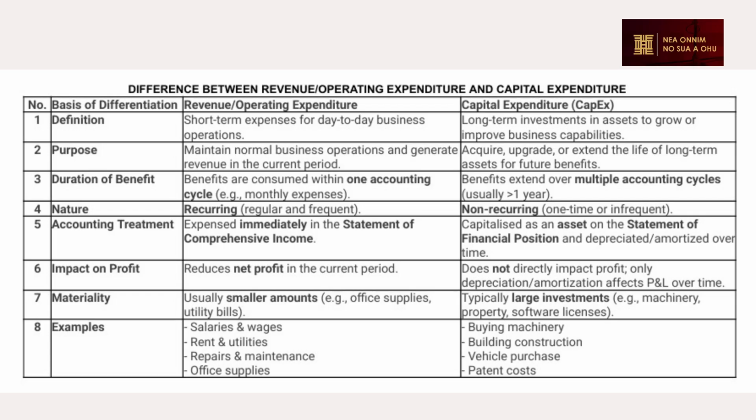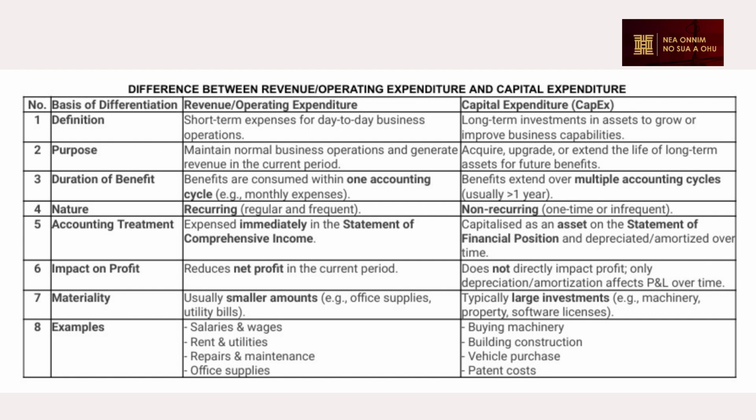Now let's look at the third basis of differentiation, which is the duration of benefit. In a case of revenue or operating expenditure, these are expenditure that get to be consumed, or the benefits thereof consumed, within a single accounting cycle, which we have learned to be a 12-month period, which is a year.